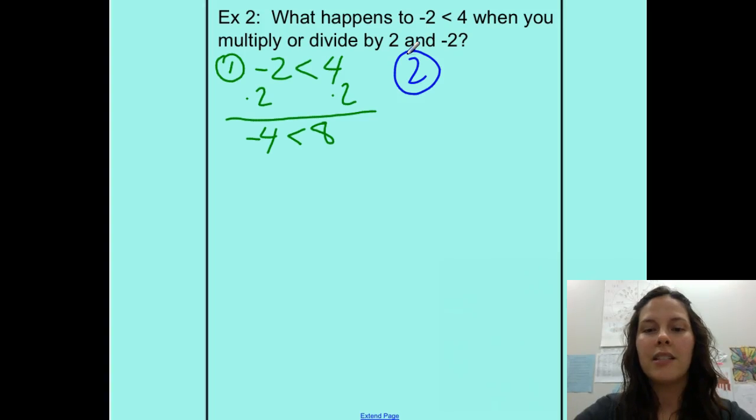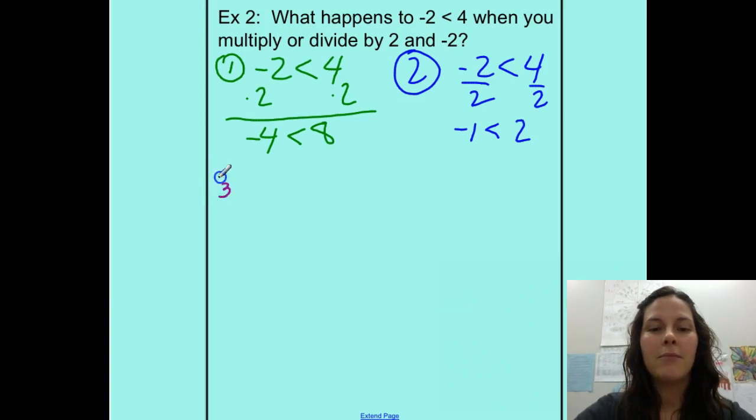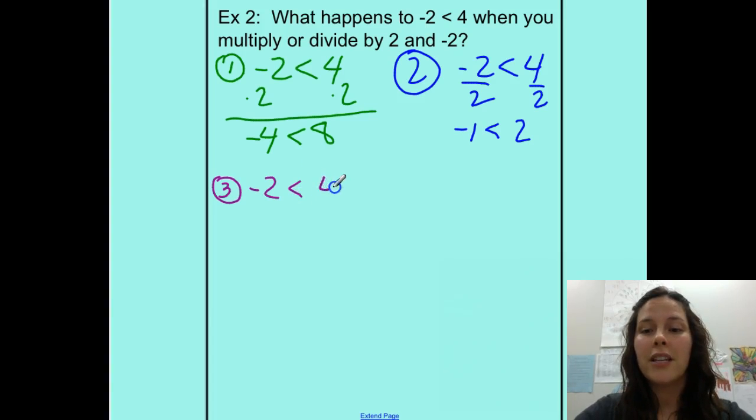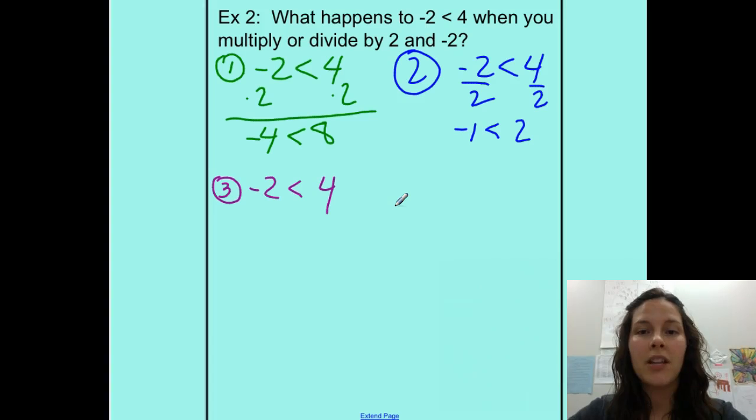Dividing both sides by a +2, this time I get -1 is less than 2, which is still true. So multiplying or dividing both sides of an inequality by a positive keeps the inequality statement true. So far, solving an inequality is exactly like solving an equation. You just apply the golden rule to both sides of the inequality, and the inequality will remain true.